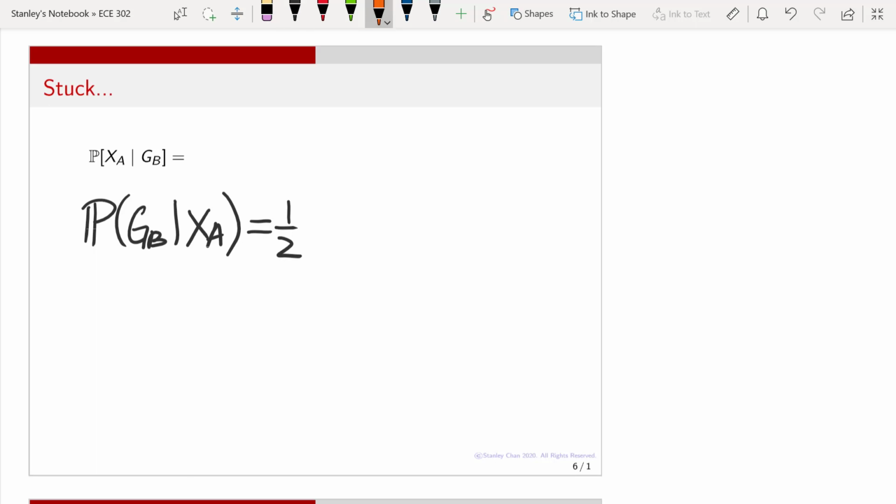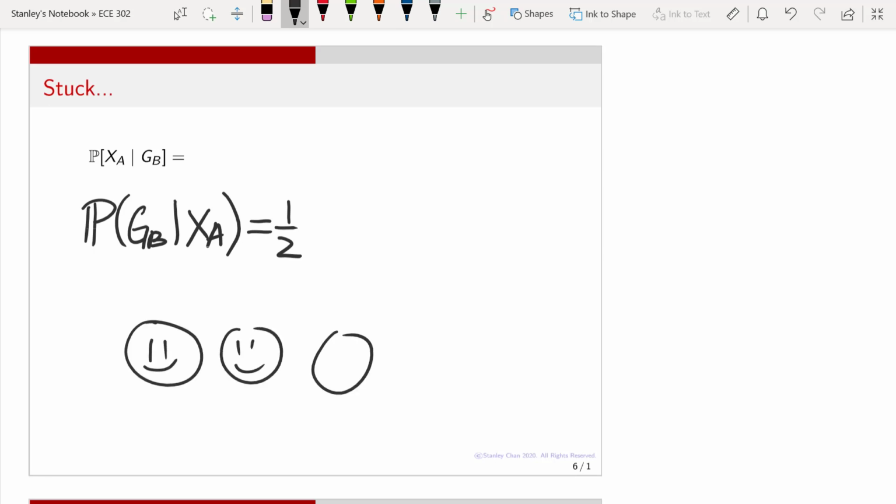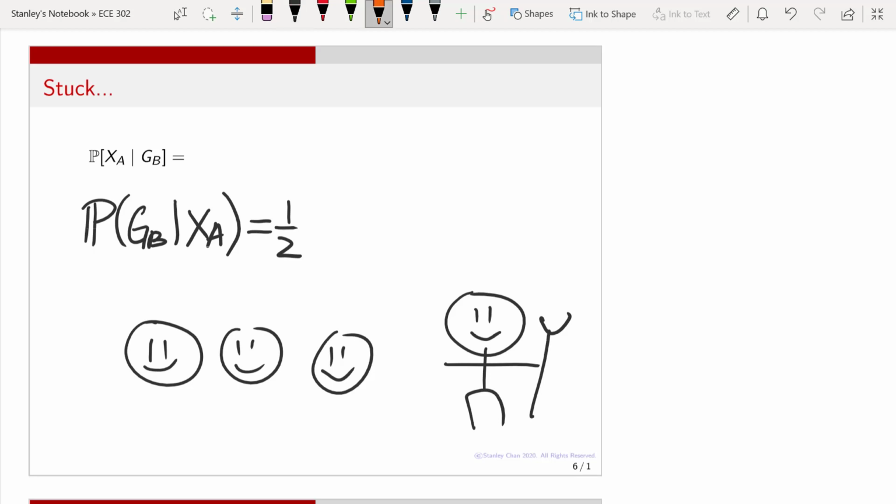Why? Because there are 3 prisoners, and then there is a guard. When you went to the guard, the guard is going to tell you whether B will be released or not. And when this has happened, we want to know whether this event will happen.